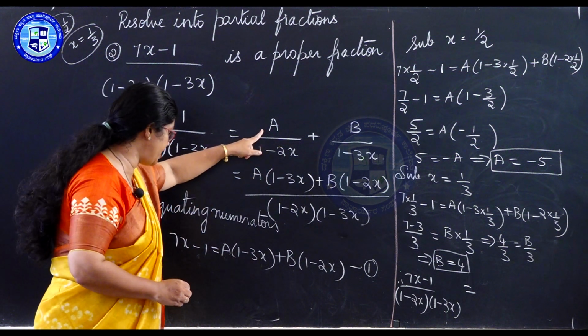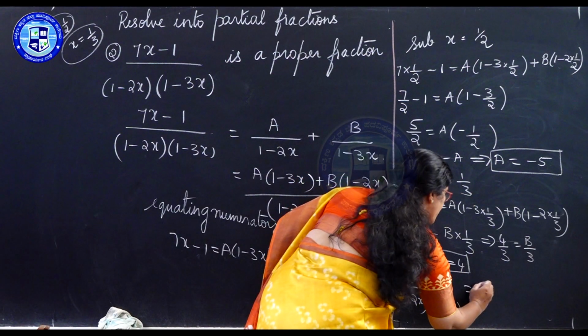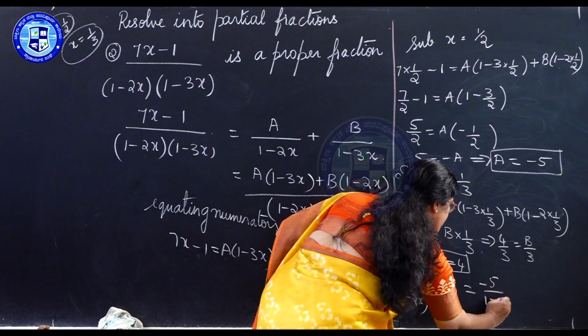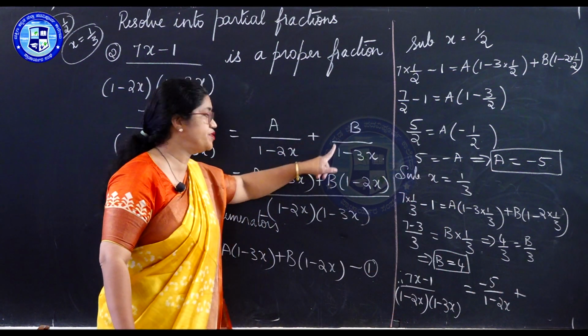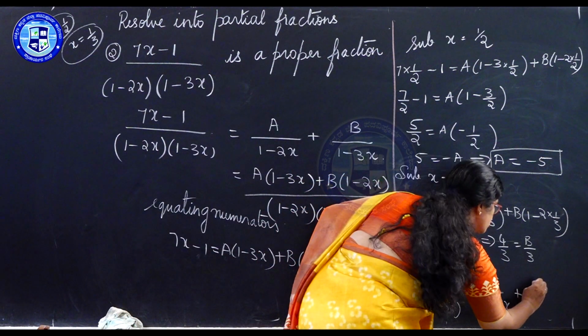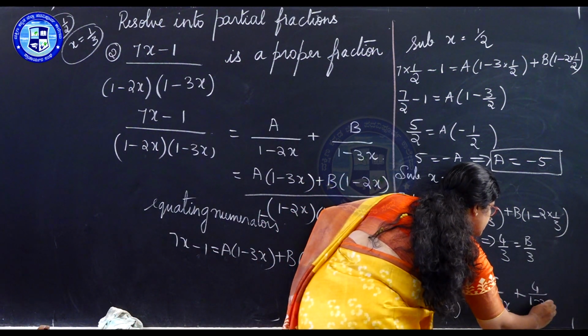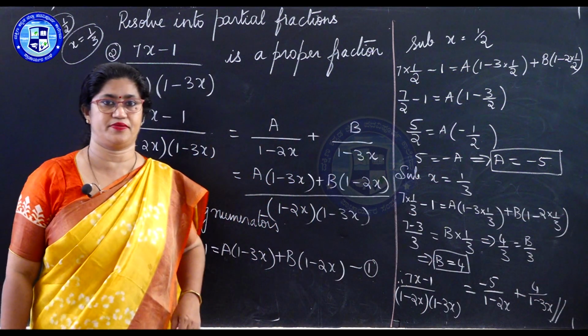What was a? A is minus 5. So minus 5 by 1 minus 2x plus b. b should be the numerator for 1 minus 3x, and b is 4. So 4 by 1 minus 3x, and yes, now the sum is over.